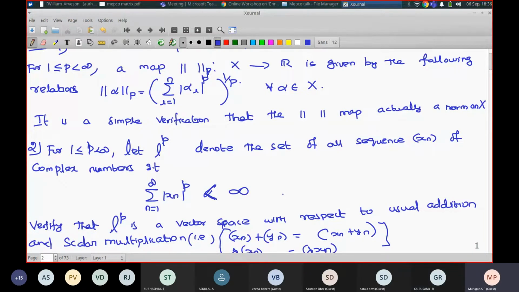For 1 less than or equal to p less than infinity, l^p denotes the set of all sequences of complex numbers such that the summation from n equal to 1 to infinity of modulus of x_n to the power p is finite.